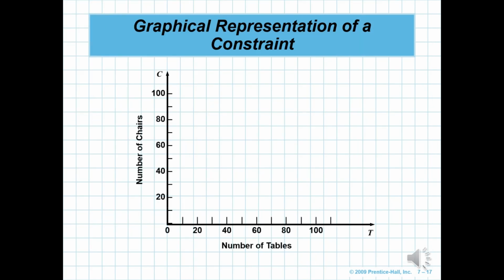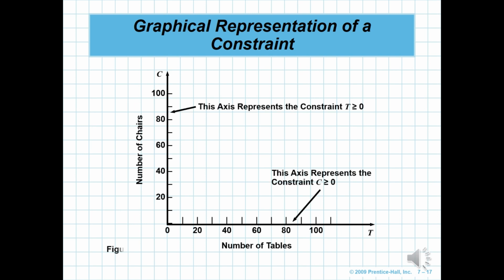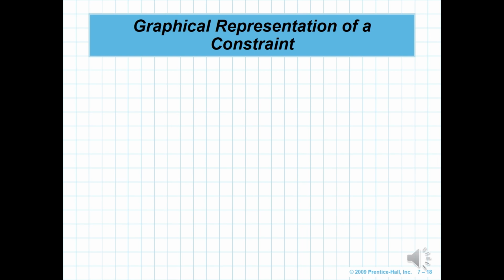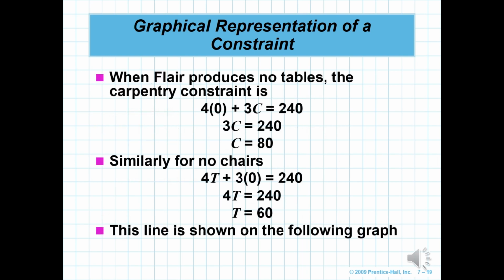For the constraint, table is for the X axis and chair is for the Y axis. In this case, 0 and 80, and for the Y axis we assume we produce no chair, so we get 60 and 0.